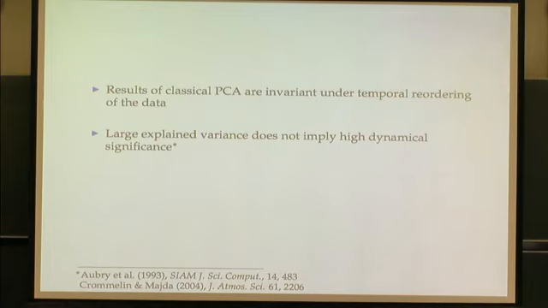And here in this context, dynamical significance usually refers to creating Galerkin-type reduced models from the EOF basis, where it has been documented that you can explain 99.9% of the variance with the EOFs, but the reduced Galerkin model will perform very poorly.